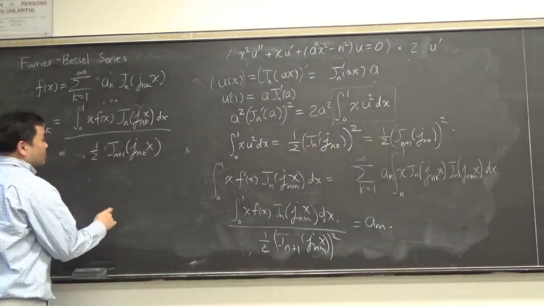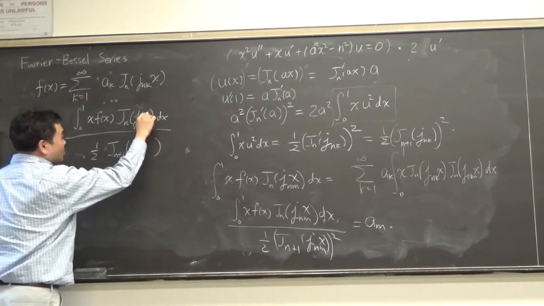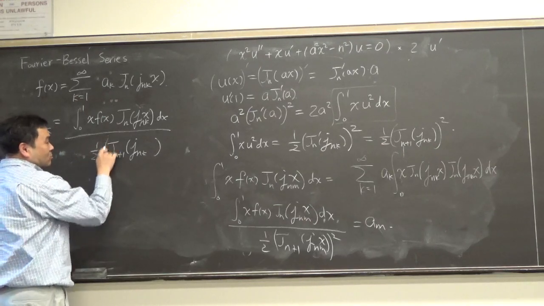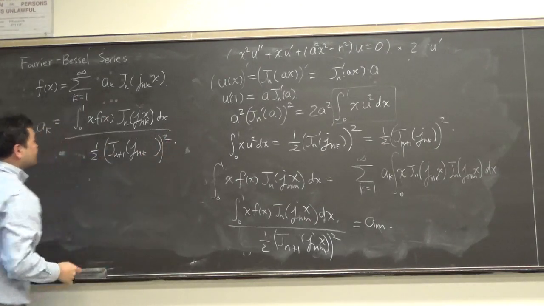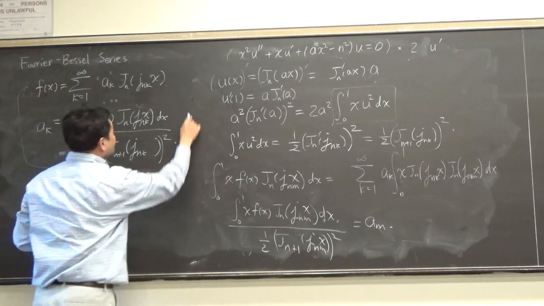This one doesn't have an x, but that one should have an x, or else you can't do it on the interval. So this one is squared. So this is the formula for the Fourier Bessel series.